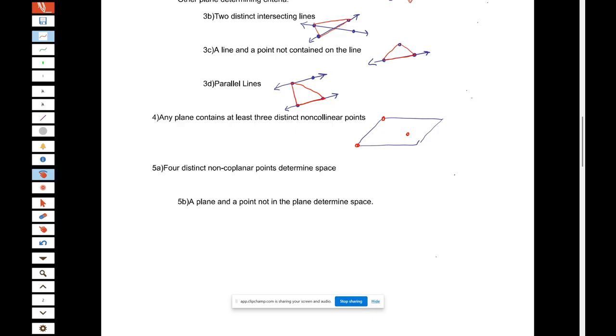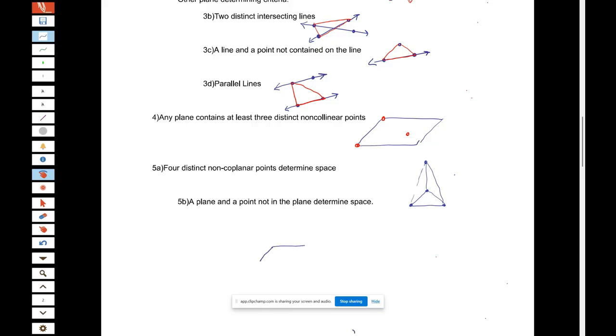And then four distinct non-coplanar points determine space. Yes, as soon as you have 3 points not in the same line, they make a plane. And when you put a fourth one above it, then you get a three-dimensional object, which creates three-dimensional space.